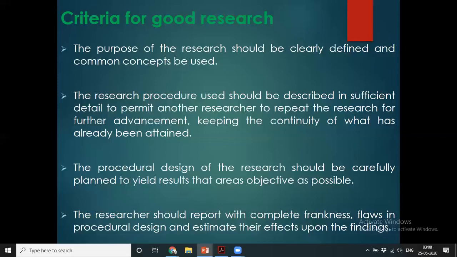If you are doing research and you find flaws in the procedure, you have to tell the scientific community about these drawbacks. That will also be considered good research, because whenever you get something, if it has a side effect or some limitation, you have to find that out as well.